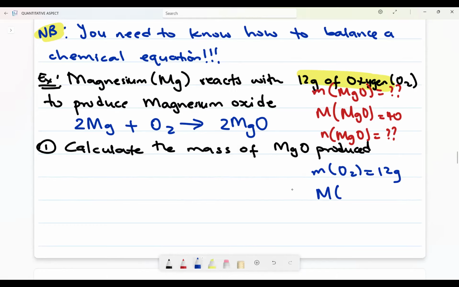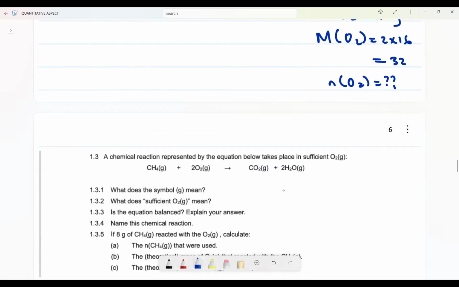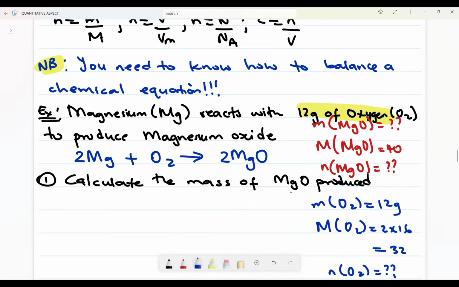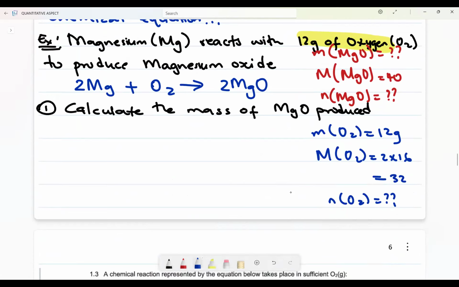What is now the molar mass of oxygen? It's going to be 2 multiplied by 16, which is equal to, let me say 2 times 16 because people will say they don't understand, which is how much? 32. And then can I get number of moles of O2? Yes, I can. So n, number of moles, is equal to mass divided by molar mass.